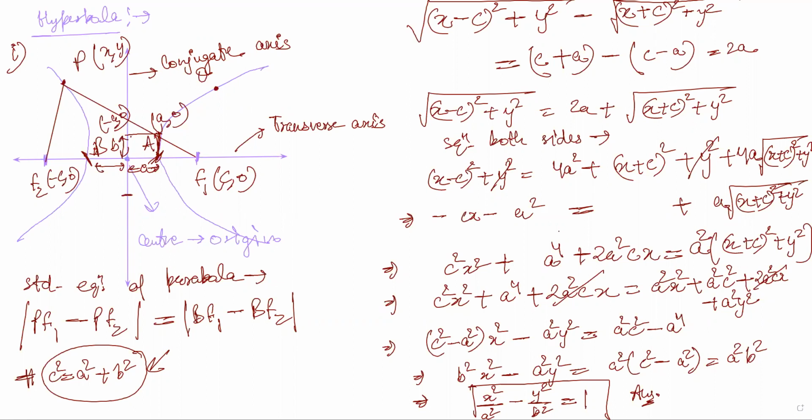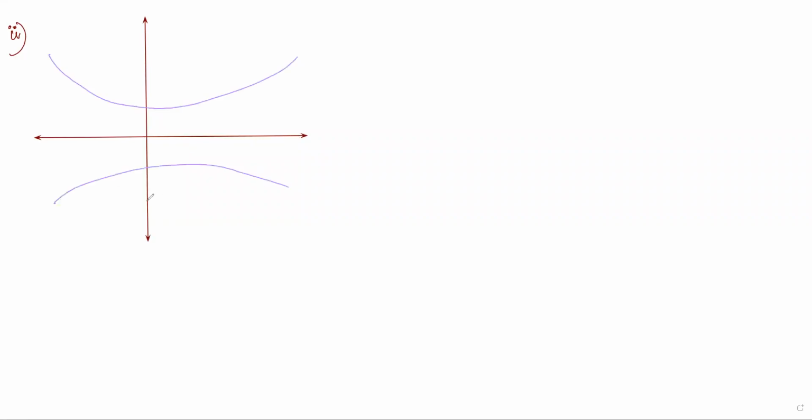So can I remove this and can we proceed? Okay, so the second type of hyperbola is this one. This is one focus and this is another focus. This is F1, this is F2. This is a comma 0.